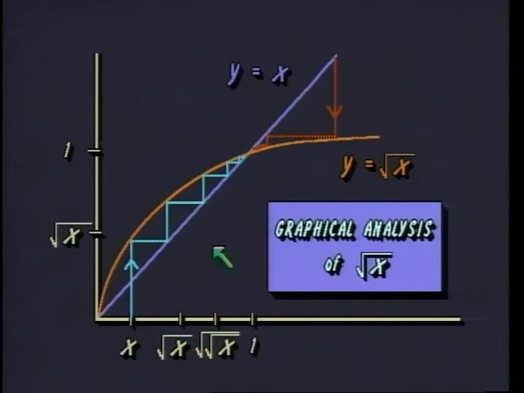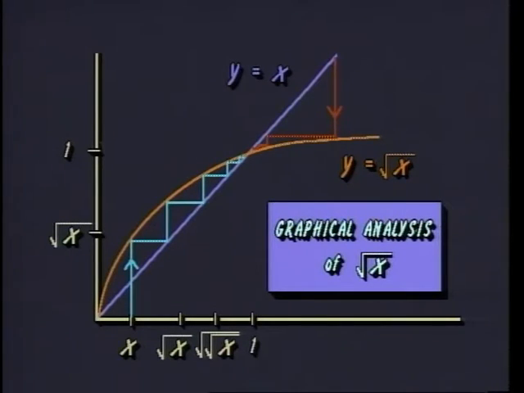That is, we reach the point whose x coordinate is the square root of x. So how do we compute the square root of a number? Graphically, it's easy. We simply draw a vertical line to the graph and then a horizontal line back to the diagonal. So how do we iterate the square root function? We do this procedure over and over again.